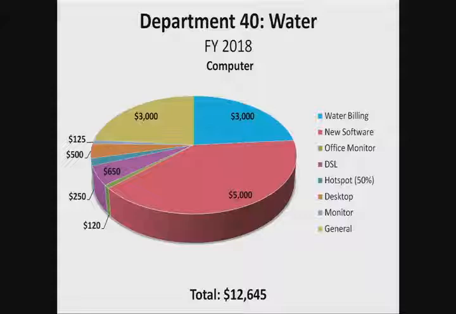It is very outdated, and they're experiencing a lot of problems with it, and had to have some techs up there looking at it. The recommendation from the techs is they don't even make this software anymore, so it's looking for a new software that will work with our system. And they're estimating about $5,000 for that new software.